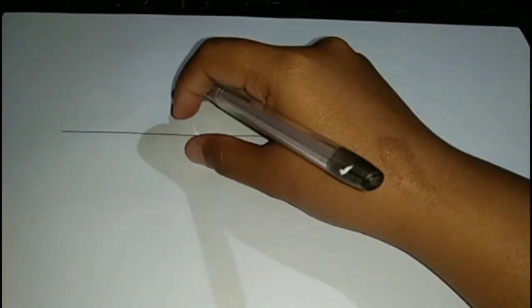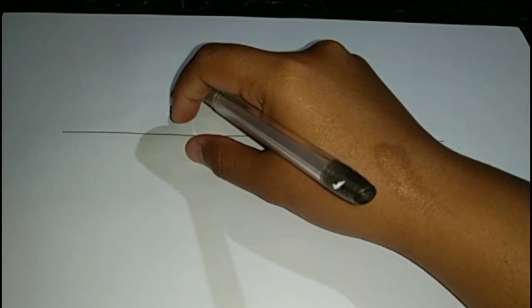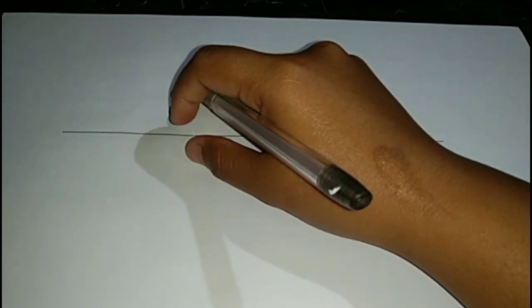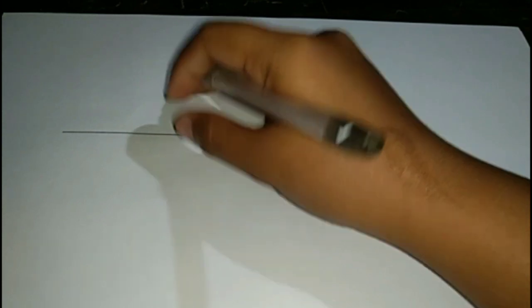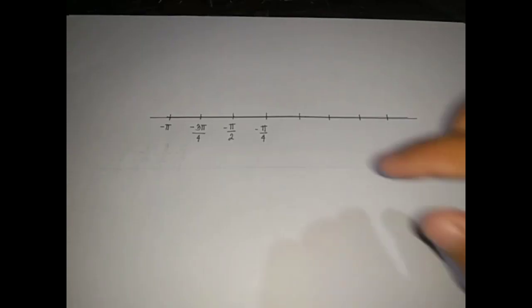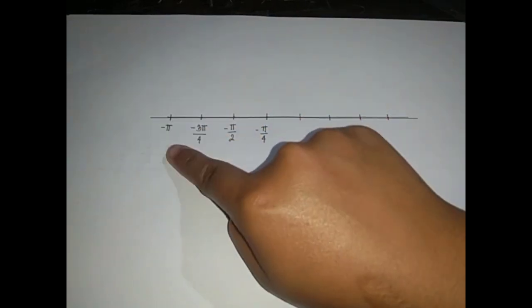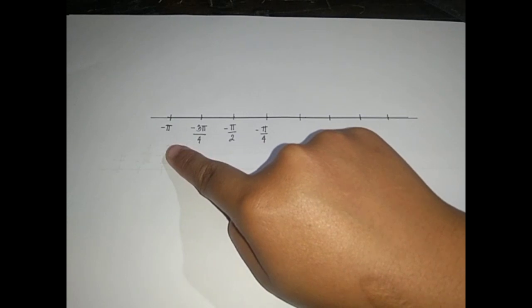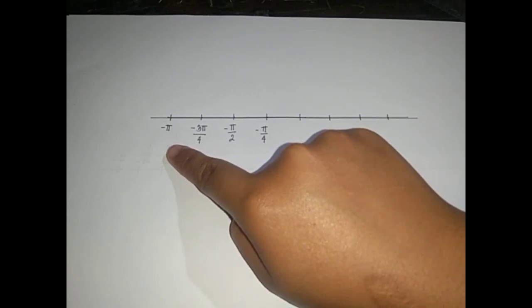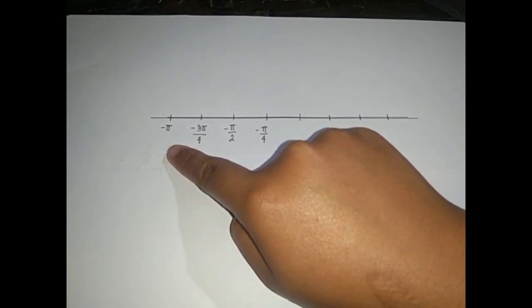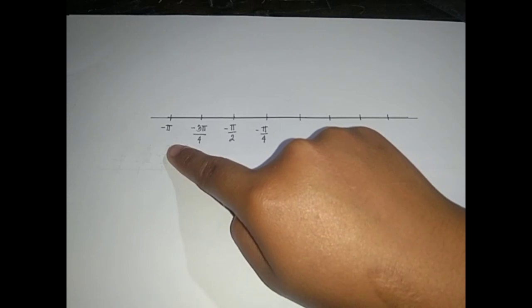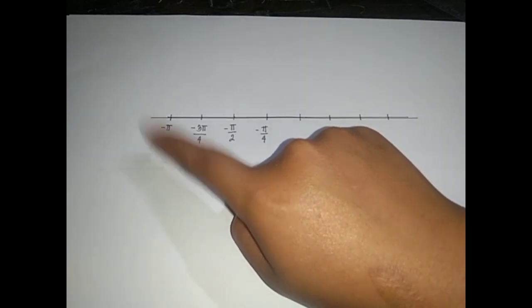In finding the points, we will start here and write negative π, since negative π is our phase shift, and the phase shift will always be our starting point.